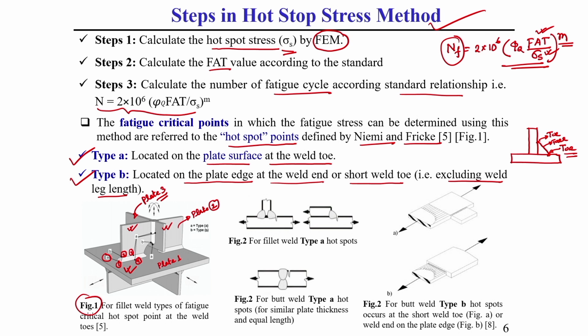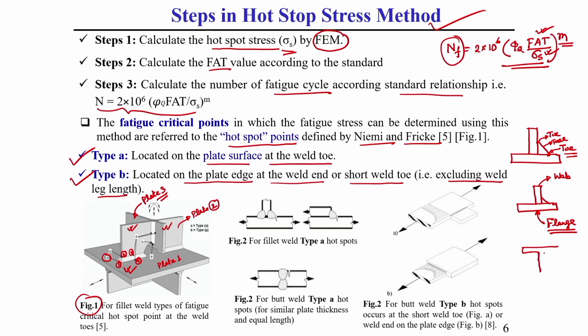So, what is flange? You know what a flange is. In case of a fillet weld, this is called the web and this is generally called the flange, that you know very well. In case of an I section, this is for a T section.